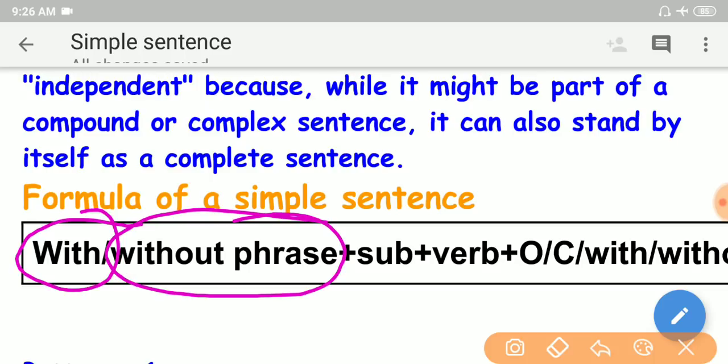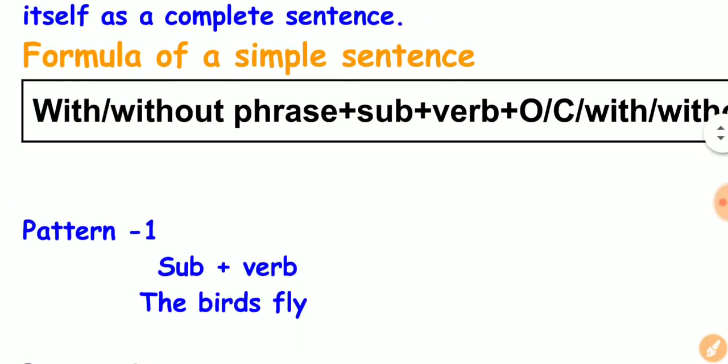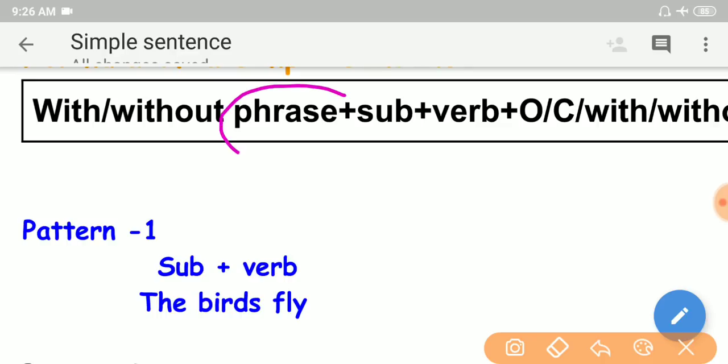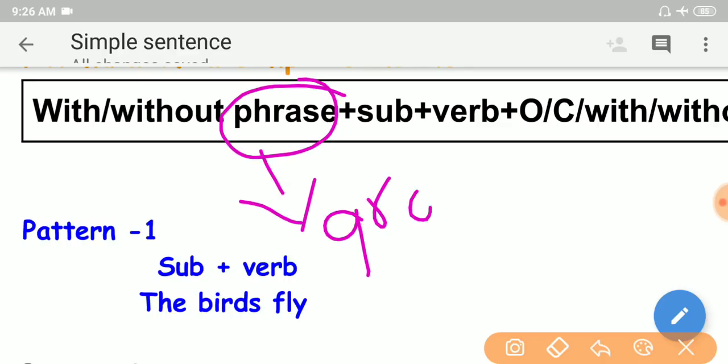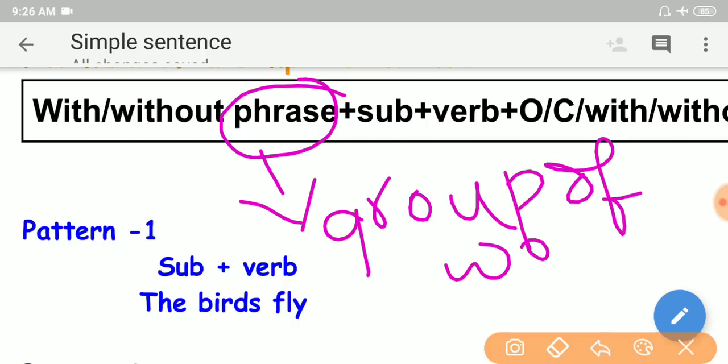A phrase is what? A phrase is a group of words which should give a sense or some meaning. Group of words which has some meaning, we can call it a phrase.